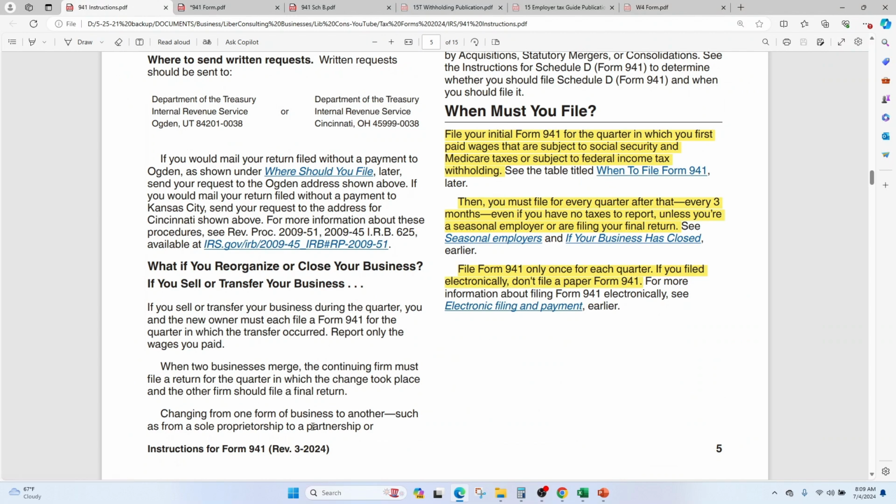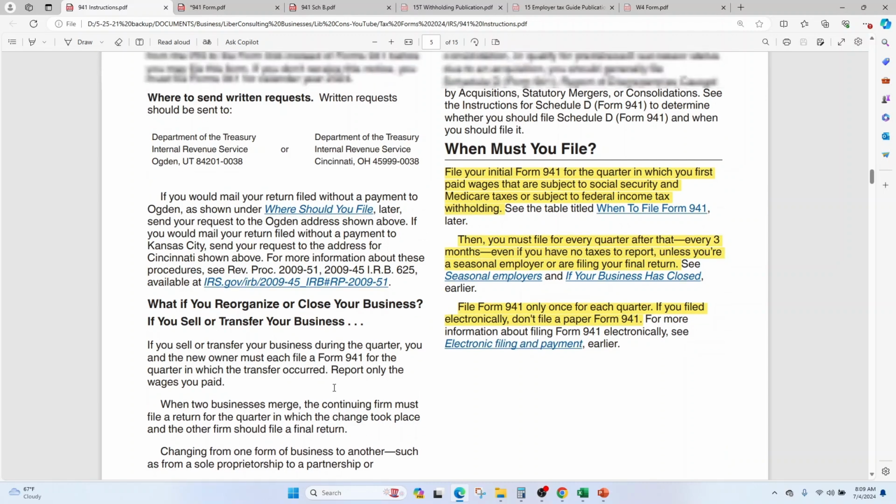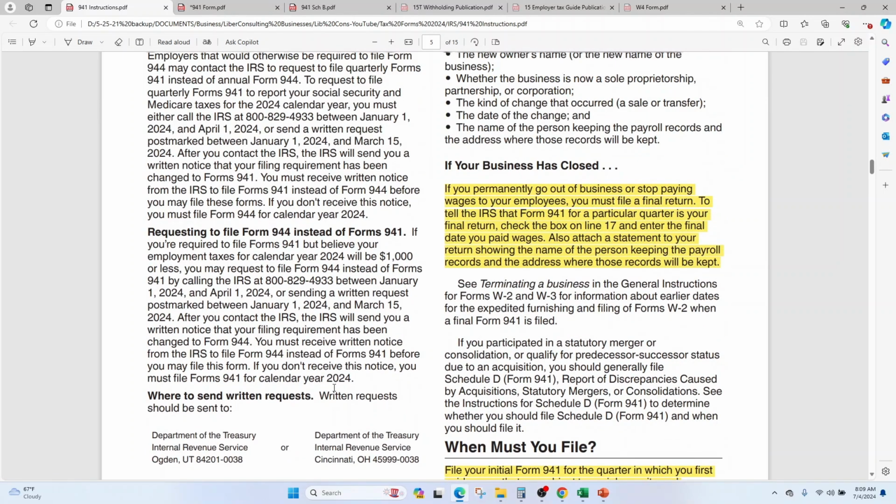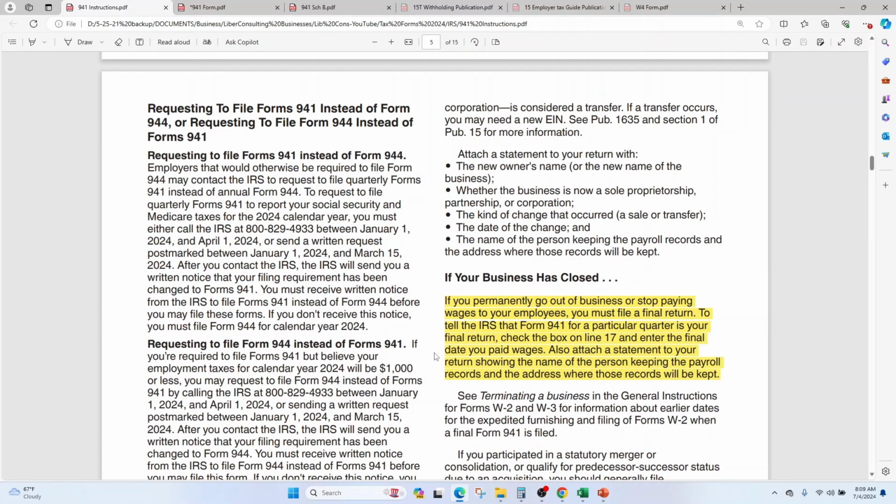Changing from one form of business to another, such as from a sole proprietor or a partnership to a corporation, is considered a transfer. If a transfer occurred, you may need a new EIN. So how you are going to complete that attachment depends on your situation.